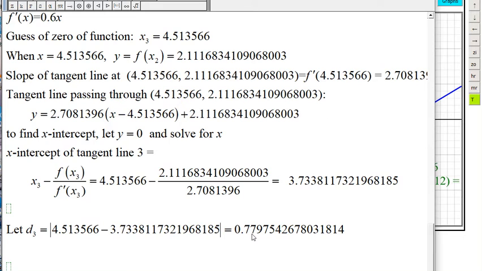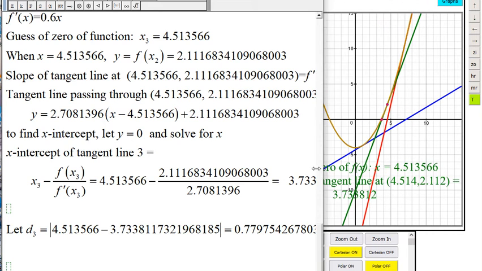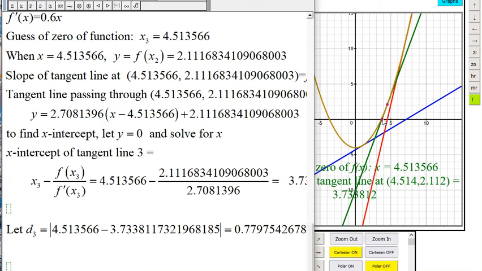And so in the next iteration, our guess of the zero of the function would be 3.7338. So this right here is about the x-intercept of the third tangent line, where x is 3.7338.